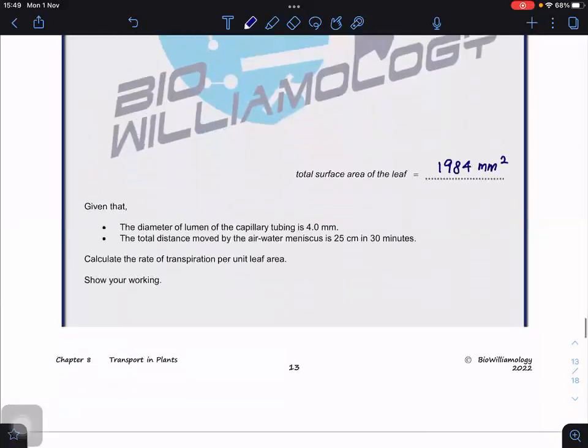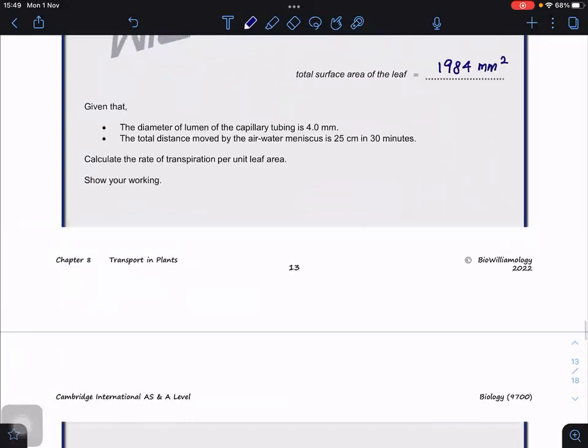Now the diameter of the lumen of the capillary tubing is 4 mm. The total distance moved by the air-water meniscus is 25 cm in 30 minutes. So guys, we need to change the minutes to hours, per hour.